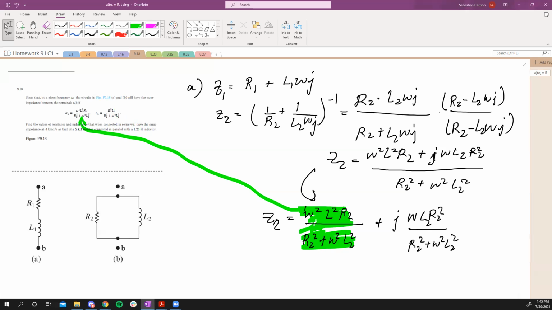So for inductance, we see Z1. We go ahead down here.